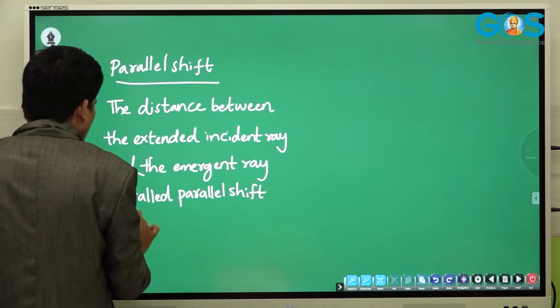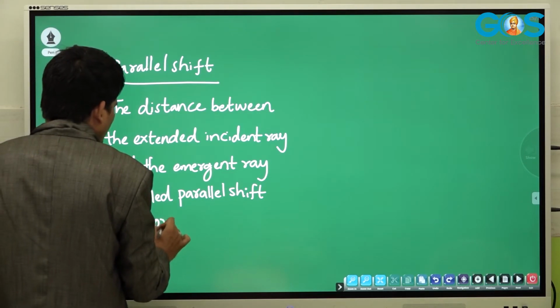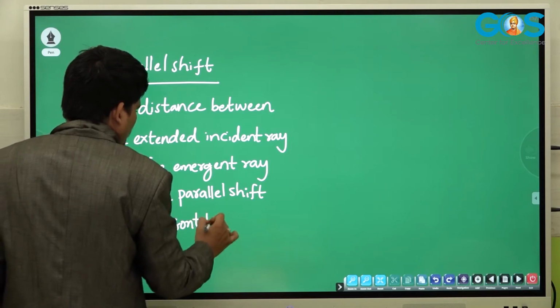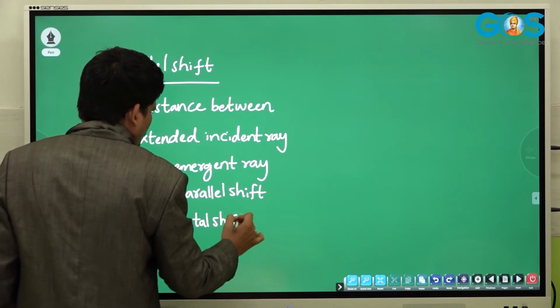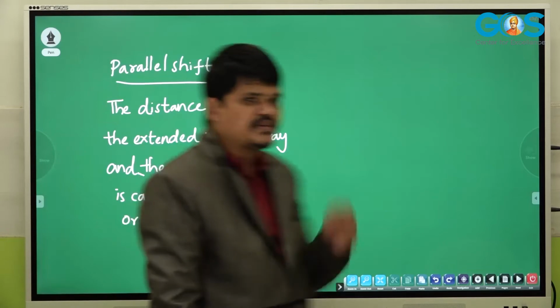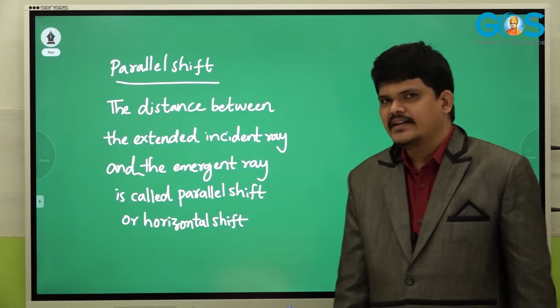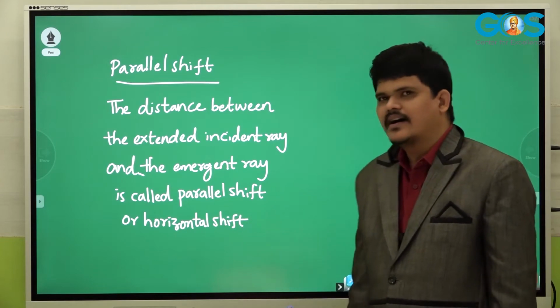This is also called horizontal shift. The distance between the extended incident ray and the emergent ray is called parallel shift or horizontal shift.